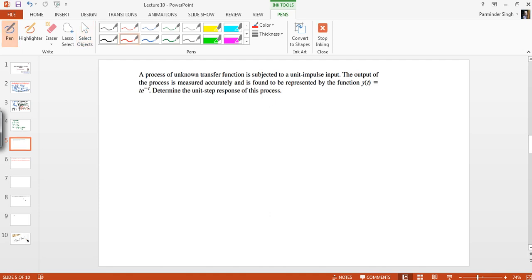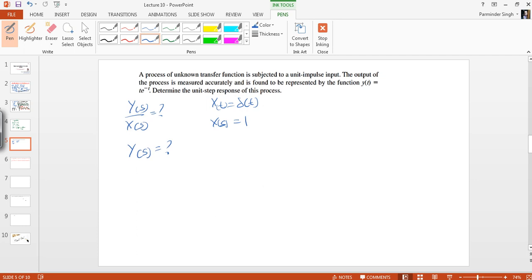Now in this question, we do not know our transfer function, because it says it's unknown, but the process is given a unit impulse. That means x(t) is delta(t). So what will be X(s)? X(s) is 1.